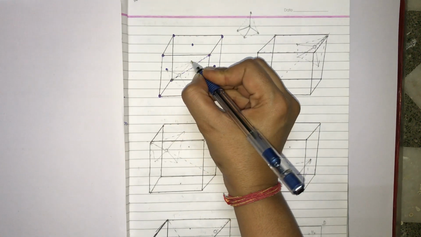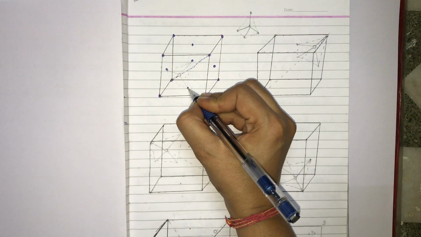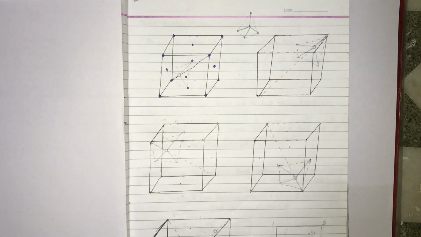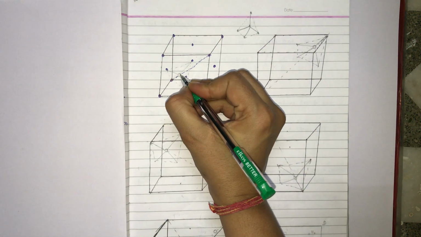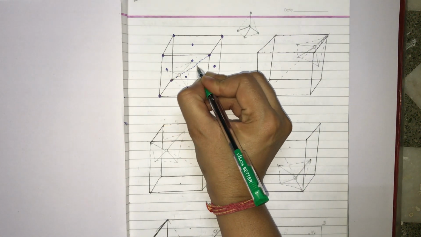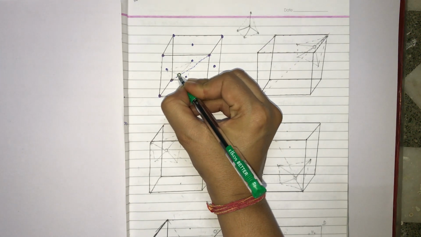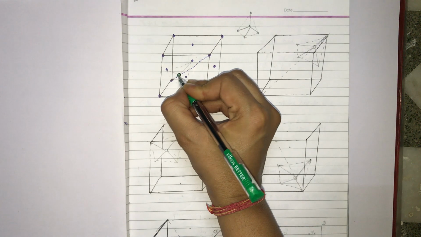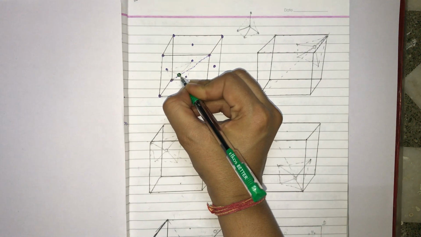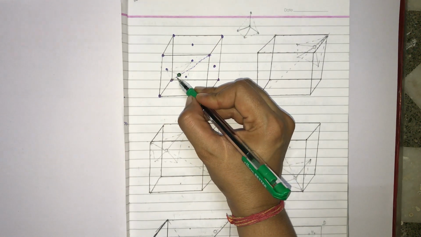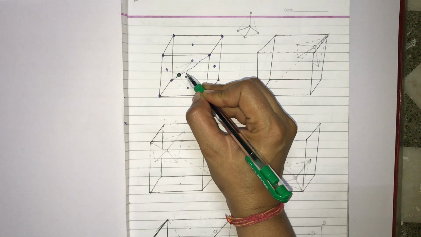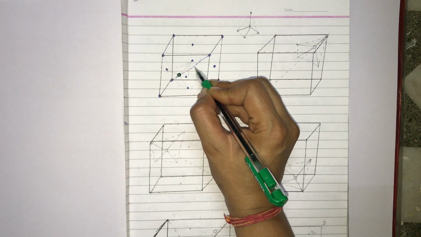This one is back, top, and this is the front face. Clear? And also a carbon atom is placed at 1/4 of the body diagonal. I have chosen this different color only to show the carbon atom location on the body diagonal.